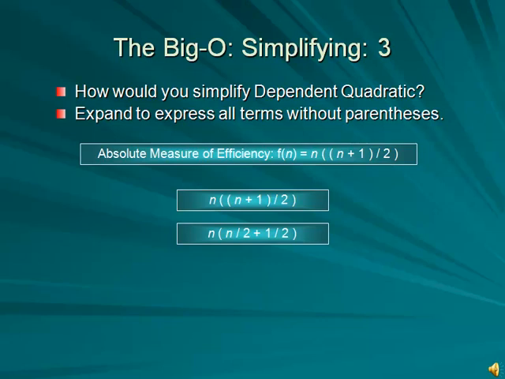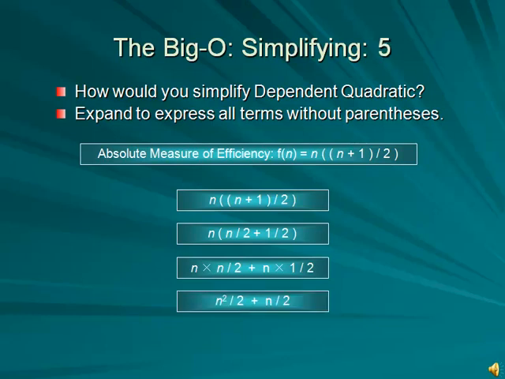We eliminate the innermost parentheses by dividing those two terms by 2. Next, we eliminate the second set of parentheses by multiplying the n across all terms. We're left with this fully expanded expression, n squared divided by 2 plus n divided by 2.